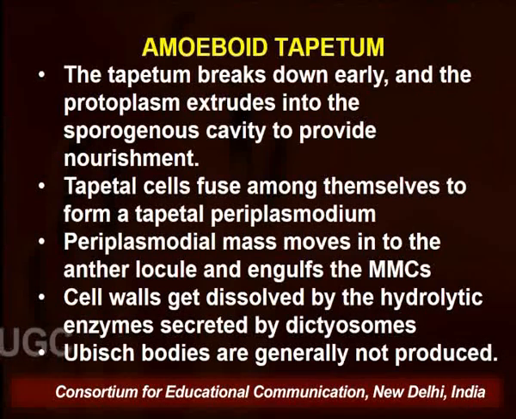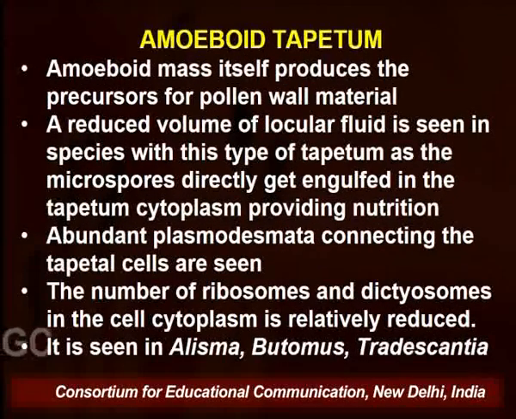So, with the dissolution of the cell walls, all the protoplasm combines and there is a periplasmodium which is formed, and this periplasmodium moves into the anther cavity engulfing the microspore mother cells. Now, amoeboid mass itself produces the precursors for pollen wall material.